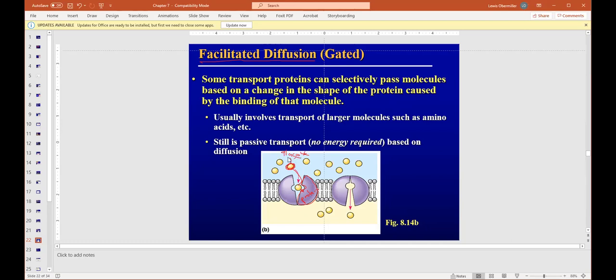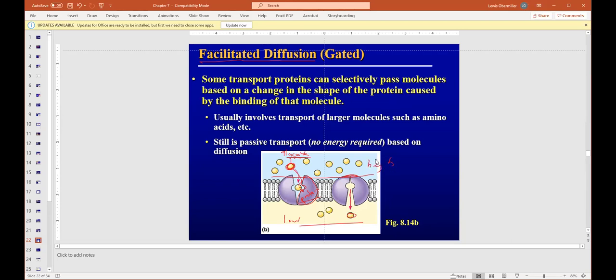So if this glucose binds to this channel protein, it's going to change its shape. And in this case, it's open on the outside, but when glucose binds to it, it's going to be closed on the outside. That changes its shape, and that causes it to be released on the inside. So it's still concentration of high to low.